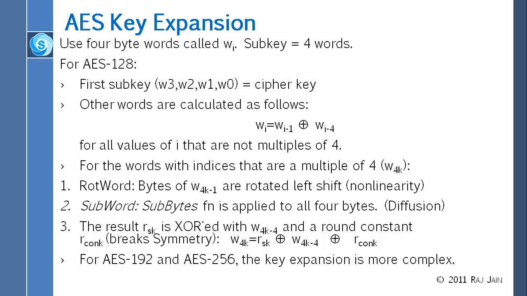So now you have words which are just lining up 0, 1, 2, 3, 4, 5, 6, 7, and so on. Keep going. The first round is just the first 4 words, and then the second round would be W4 onwards. So this is how they are calculated.